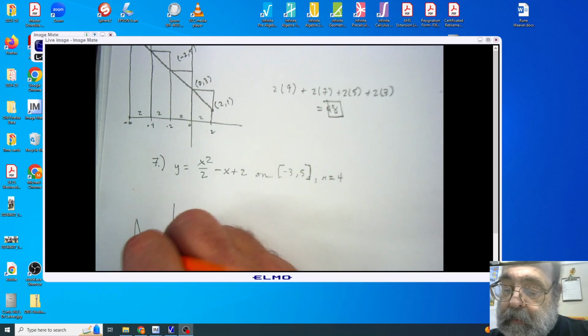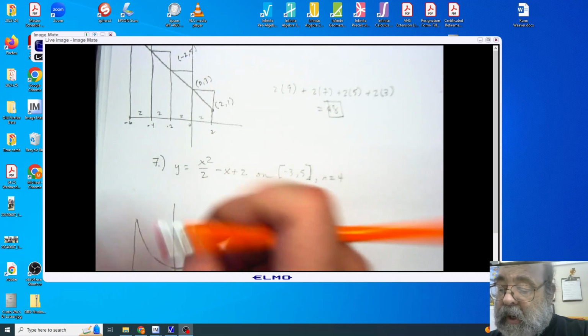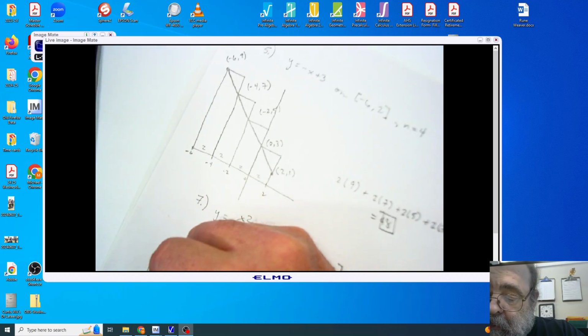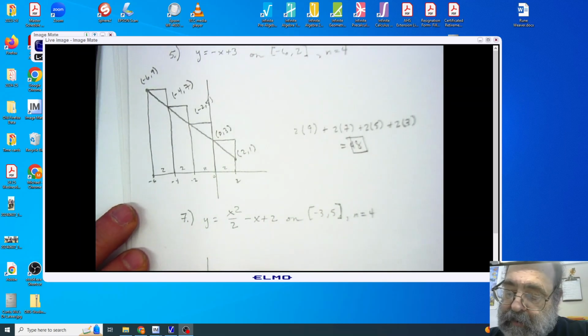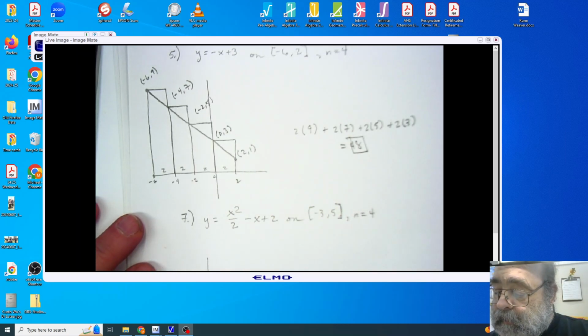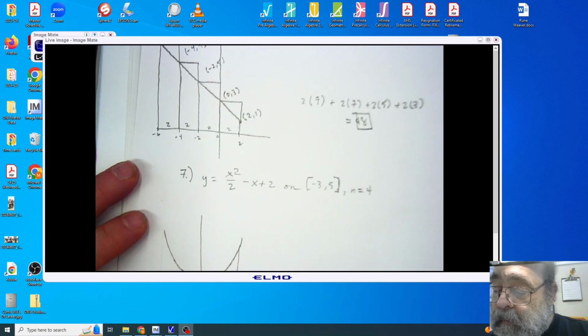Oops. Try that again. And I'm going to move my 3 over a little bit. There we go. Negative 1.